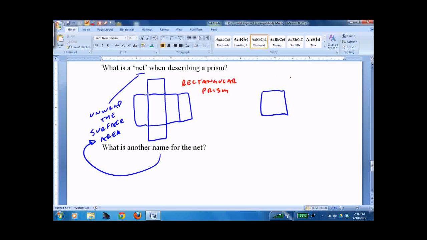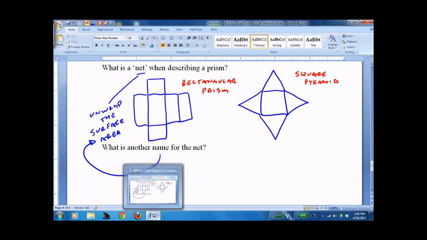This would be a square pyramid. It will look something like this. So that's just the surface area. It's like unwrapping the surface area.